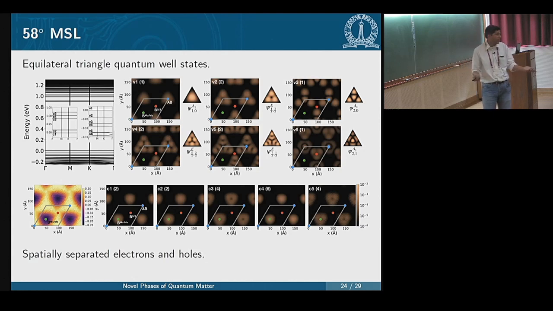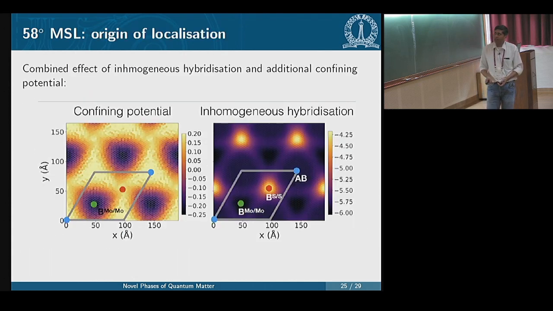So you ask yourself, where is this confining potential coming from? Of course, if you plot the inhomogeneous hybridization in this picture, you will find that the hybridization is still inhomogeneous and the barrier is high over here. So nothing should localize over here. On the other hand, the barrier is lower over here and here, so things can localize at both of these spots.